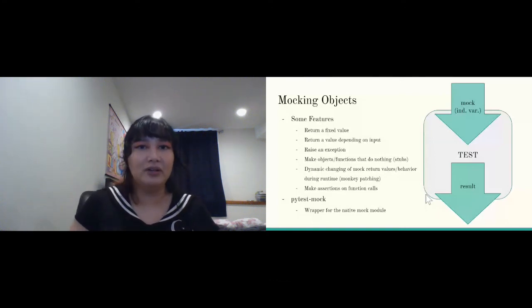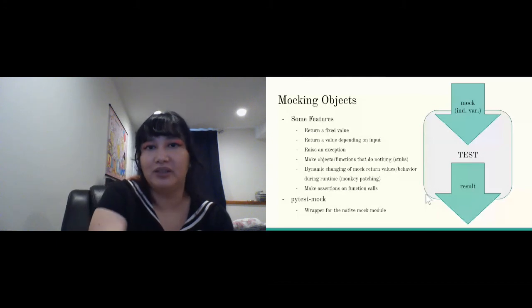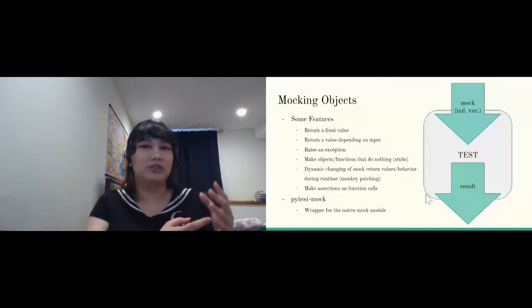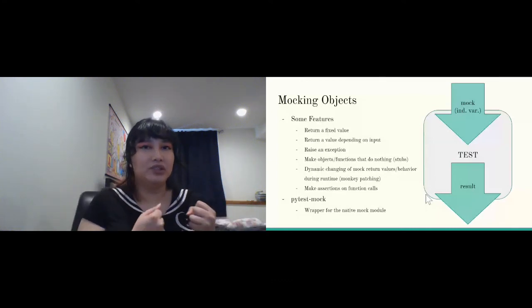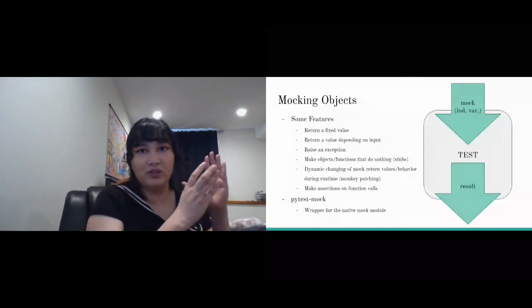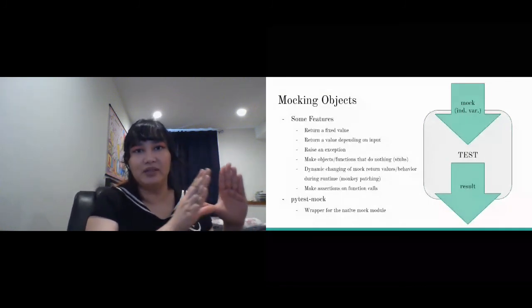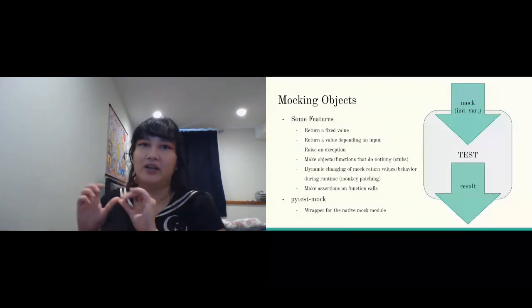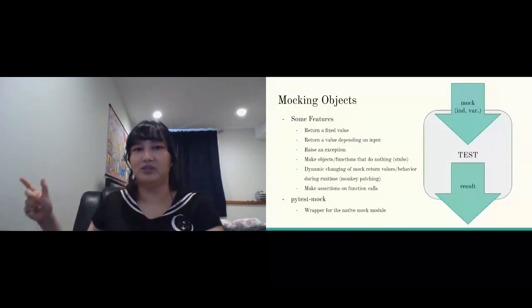You can also do monkey patching, and that's basically just having this particular mock do all sorts of things, such as return this value when it gets run at this time, and then the second time this function gets run, it will return a different value, so on and so forth.